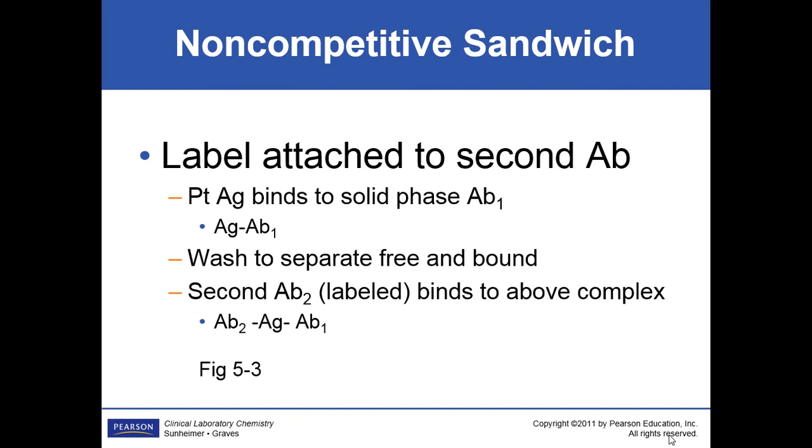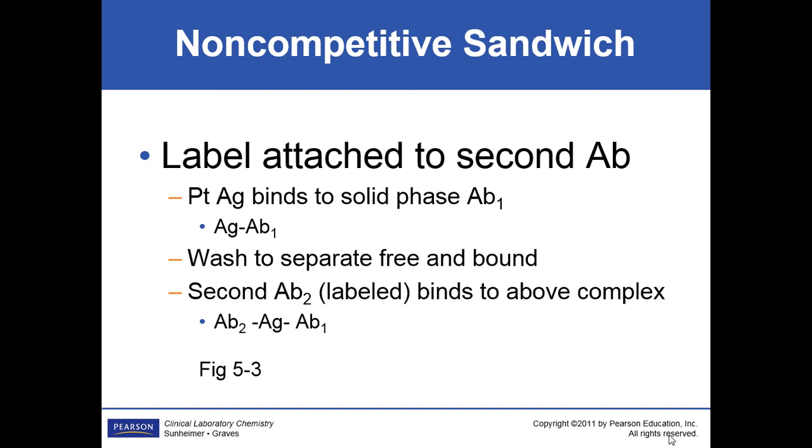Okay, in this diagram, we have 2 antibodies. Okay, so the antibodies are the bread, top and bottom, and the antigen's the meat, sandwiched in the middle. So we call it a sandwich.